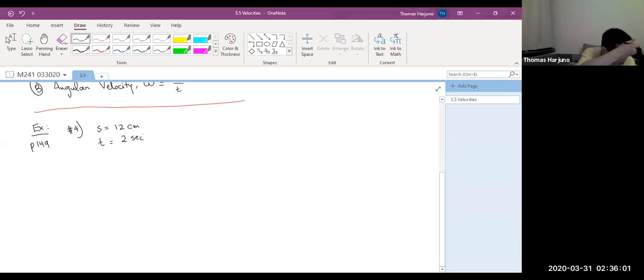The question is, find the linear velocity. The linear velocity will be 12 centimeters, the distance, divided by the time, 2 seconds. That will give us 6 centimeters per second. Just like that.